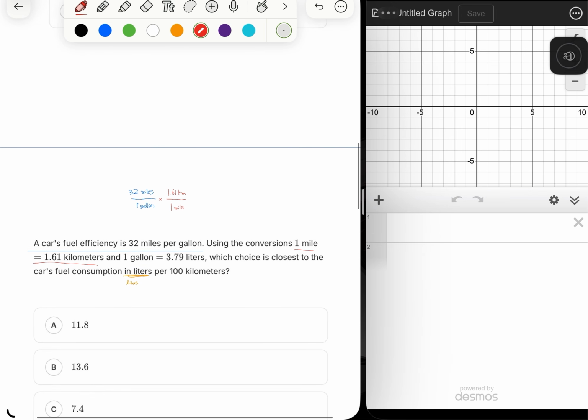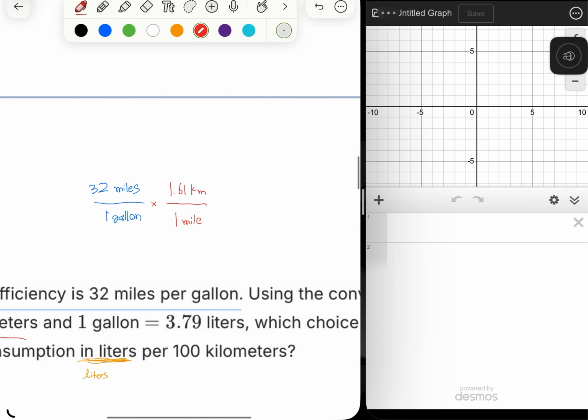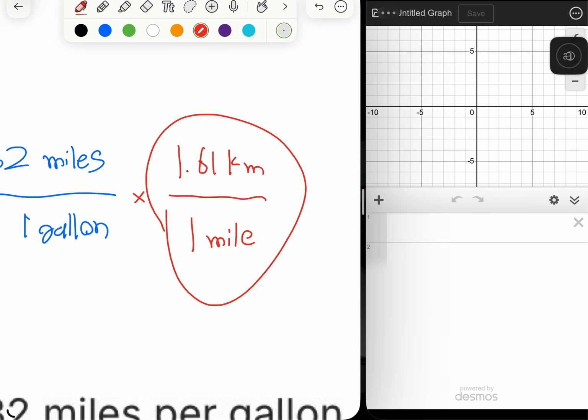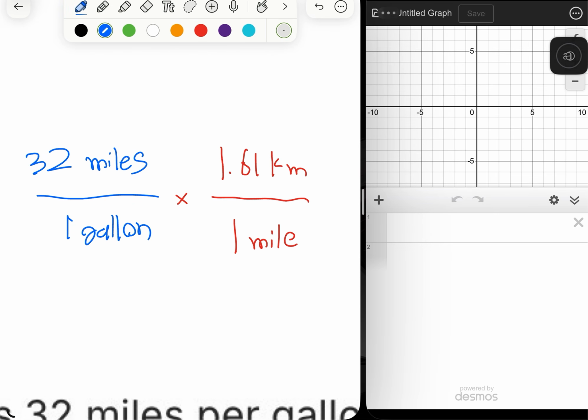Those of you who have seen these types of problems may recognize that this is a form of factor labeling, but you might be wondering, why did I multiply by this conversion? Because the goal is to cross out the units. If you multiply this together, you'll realize that these miles cancel out.